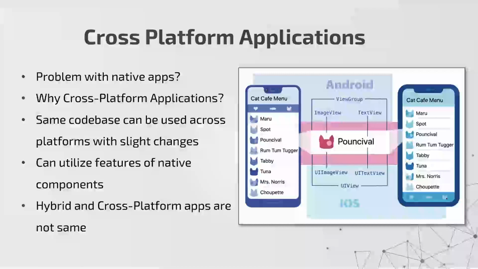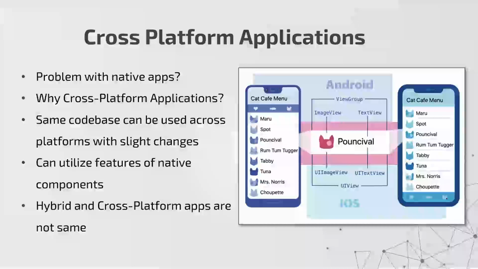So for example, a small e-commerce organization which sells its products online does not need to have a massive team of people to develop these two different applications. And why is that? Because the core functions of these applications are the same.